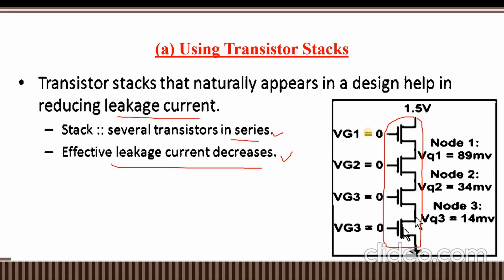Assume the gate voltage is 0 for all these transistors. Then the VGS of all these transistors is negative. Moreover, the drain to source potential is also reduced. We stack these transistors so that we can reduce this leakage current. Okay, it is one of the methods to reduce the static power dissipation.